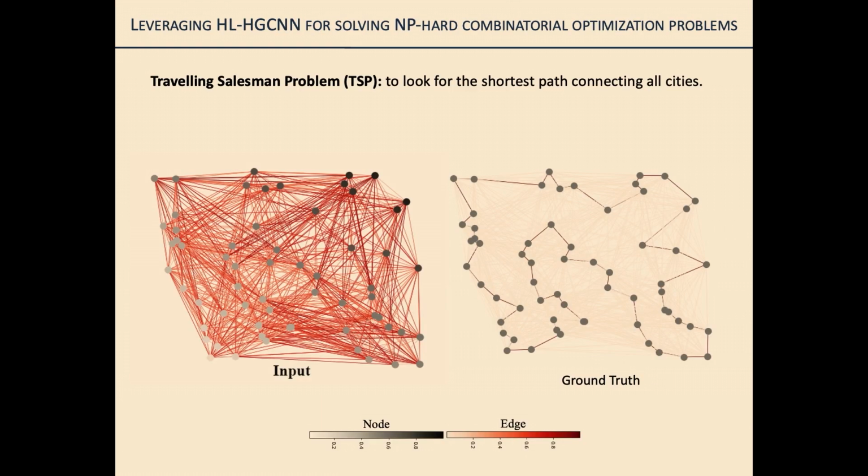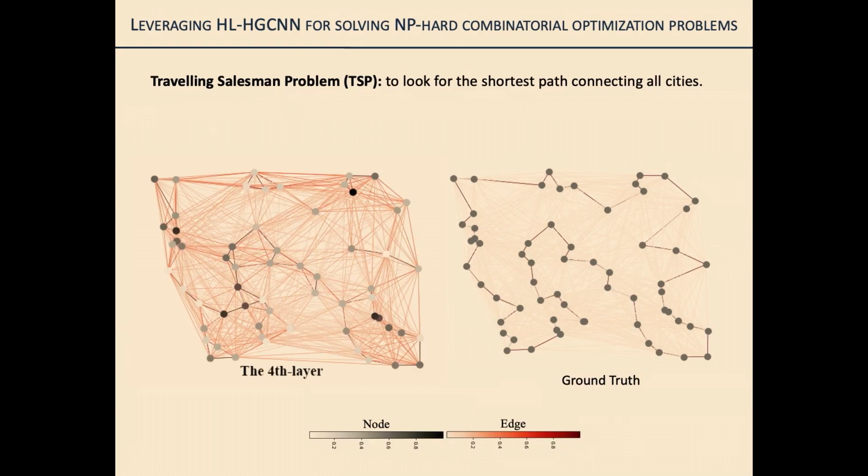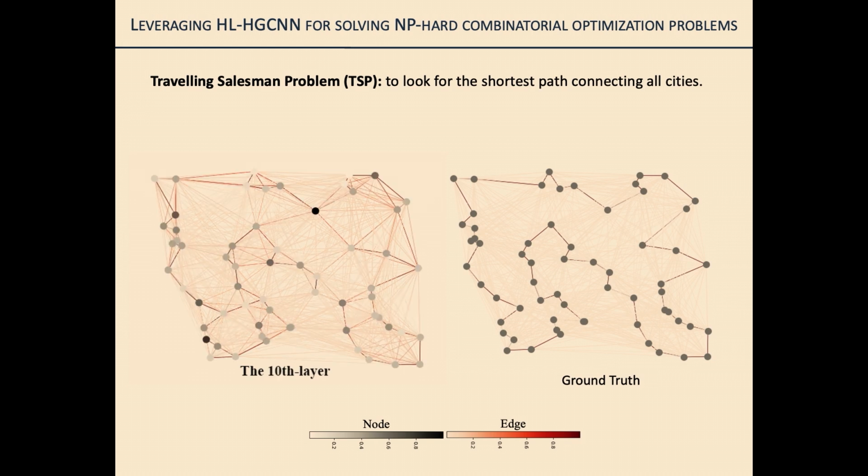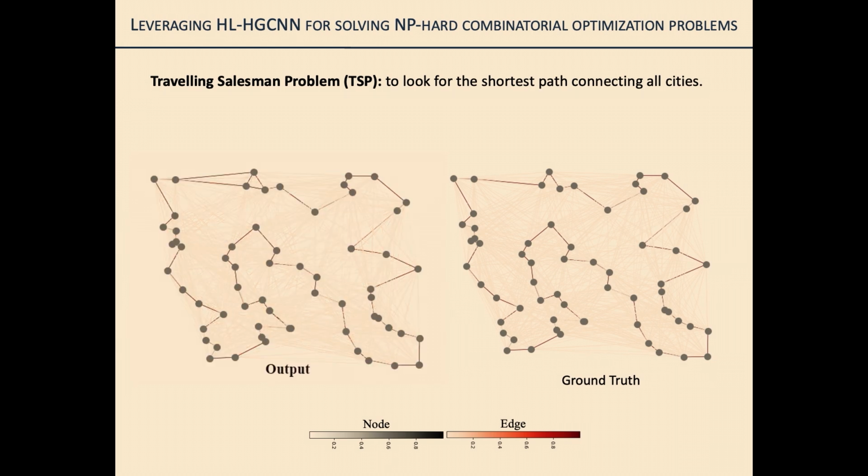So here is just an illustration. You can see after a few layers of filtering, the edges, the connections between the cities that are not important, have become much weaker. And here you can see our estimated pathways are very similar to the ground truth, even though we still have a bit of error, but it's much faster than directly solving NP-hard combinatorial optimization problems.